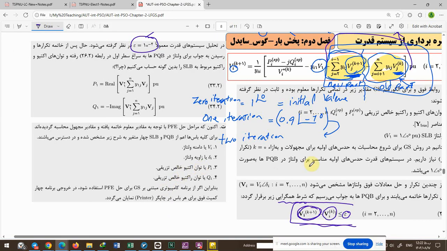After finding Vj, you can calculate P1 and Q1, the active power and reactive power of the slack bus.